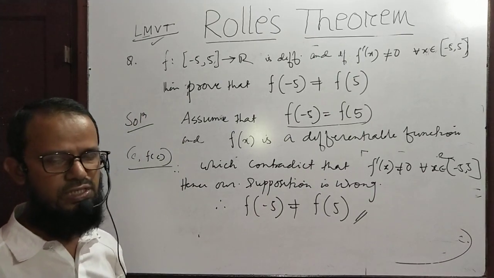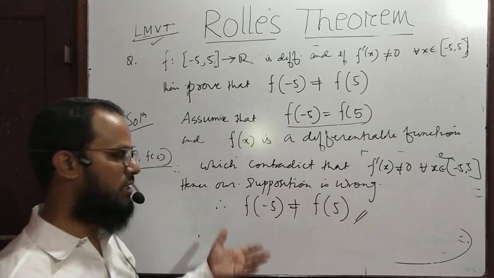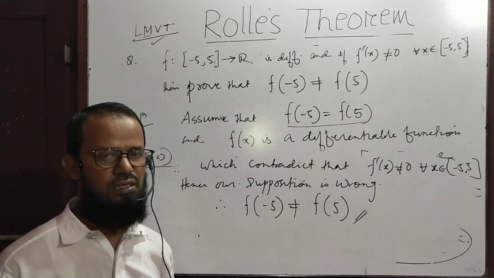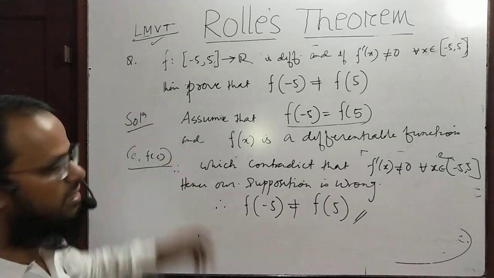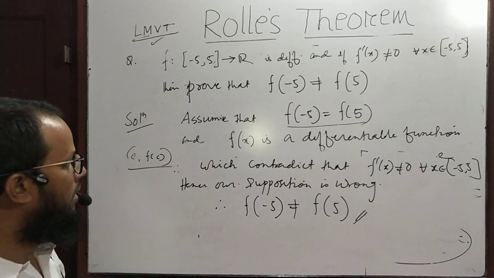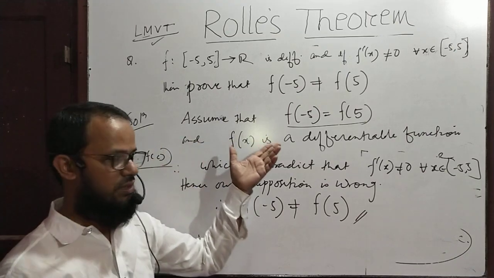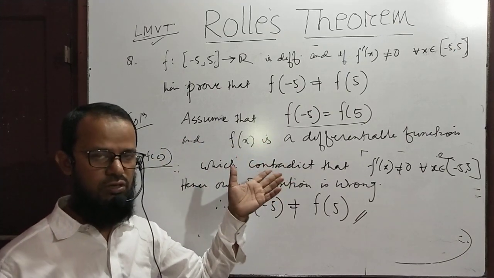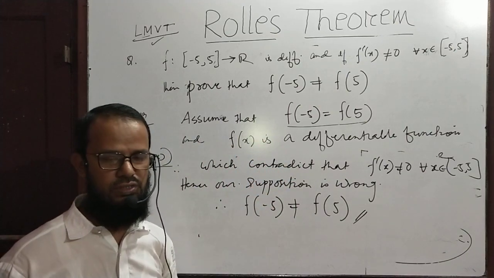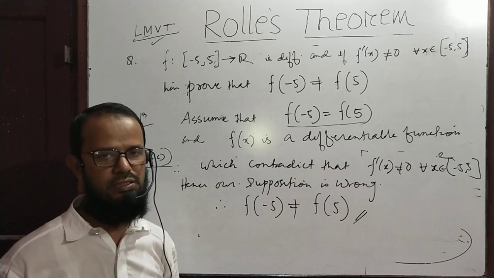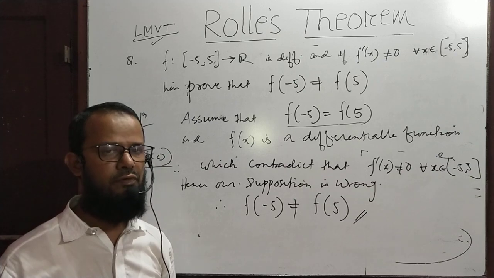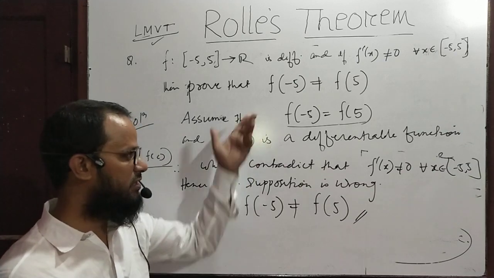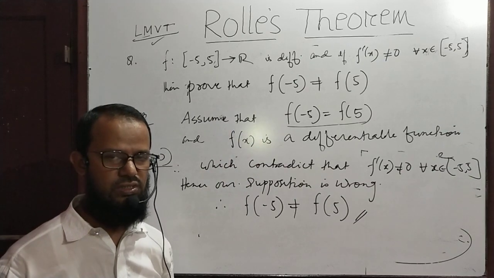The next topic is Lagrange's mean value theorem, its geometrical interpretation, and how we can apply it in equations. Also, I will discuss that Rolle's theorem is a particular case of Lagrange's mean value theorem.